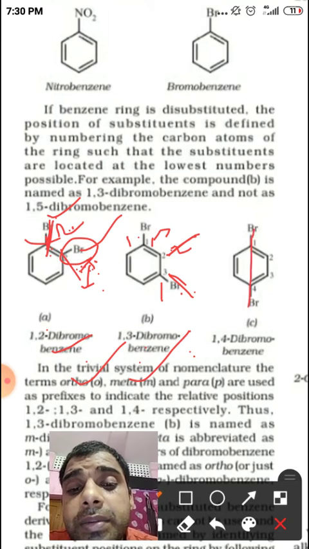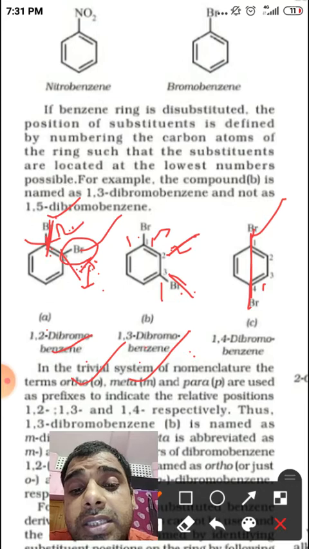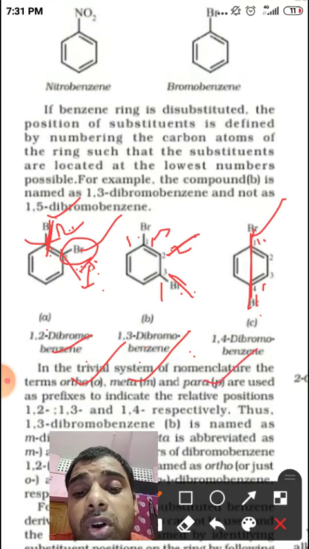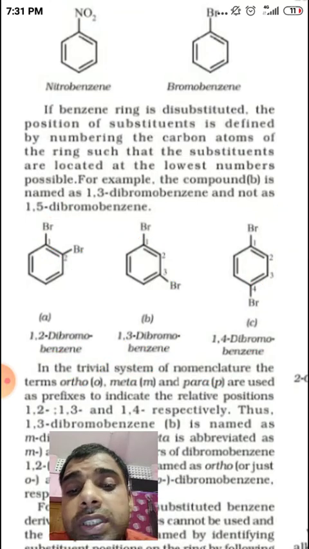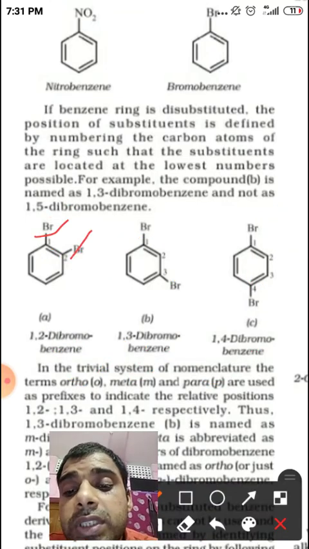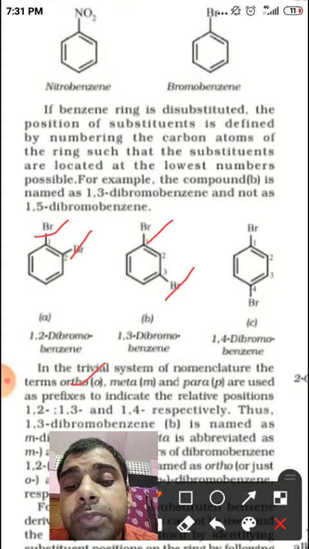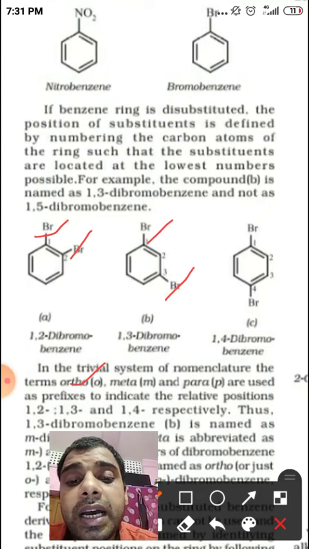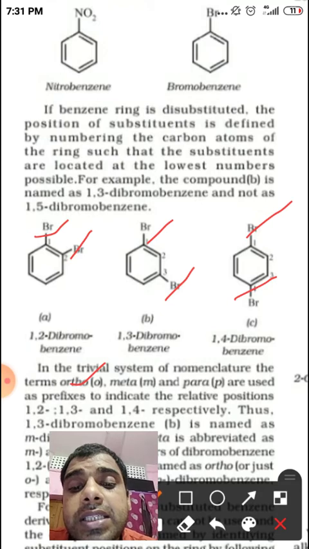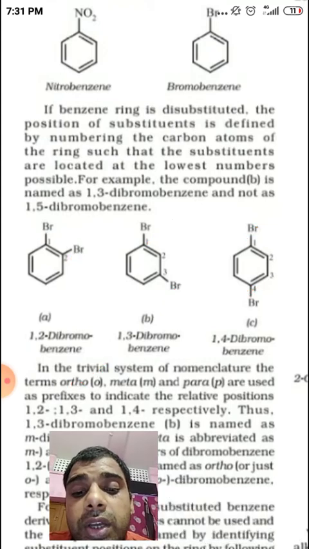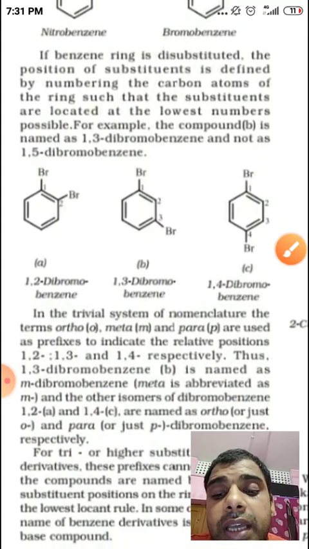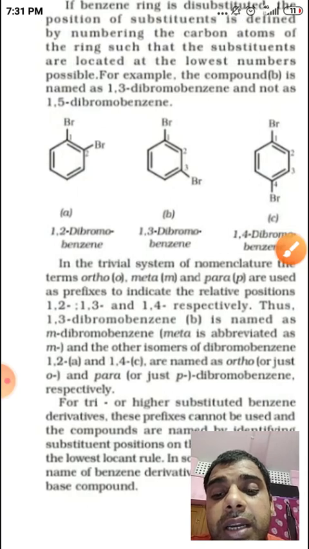And just vertical, you can see first one at the top and second one at the bottom, 1 4 position, that can be called para. So you can remember: 1 2 position ortho, 1 3 position meta, and 1 4 position para. Okay, now it has been given over there, and you can write the name similarly.